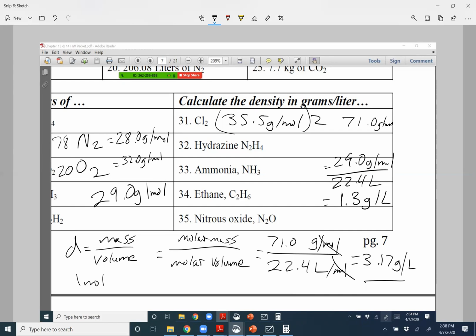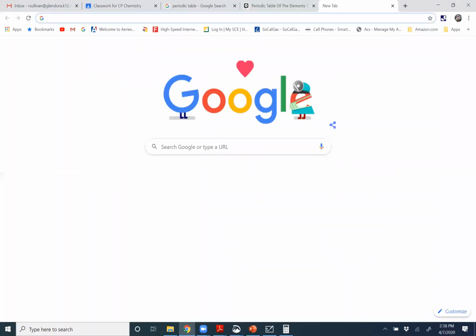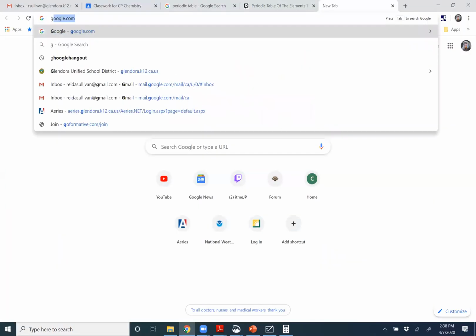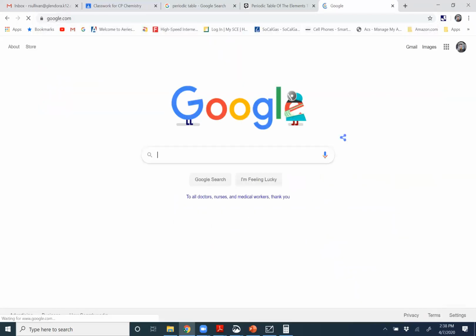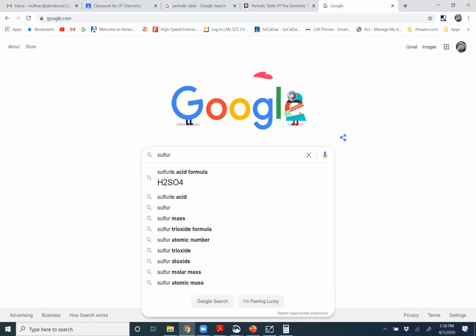Pretty cool. And again, you can watch lots of videos on YouTube that show different gases. One of the coolest ones, I think I showed you guys that in class, was the sulfur hexafluoride.